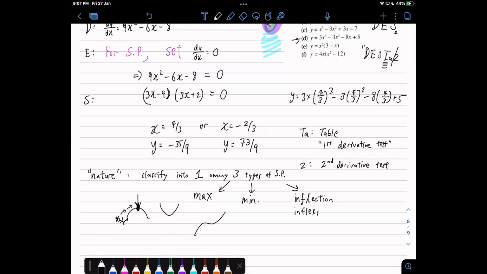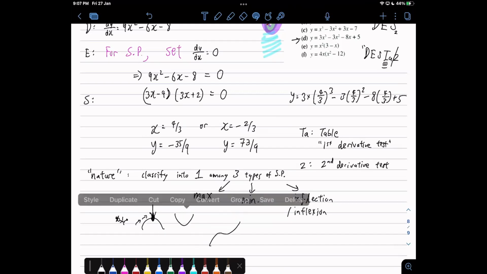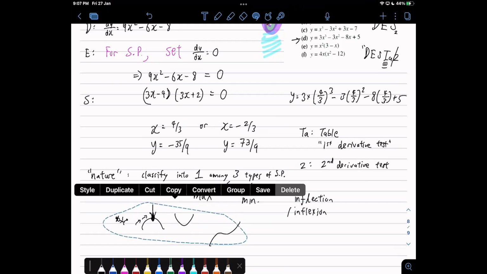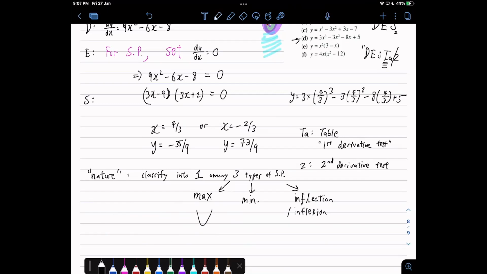I can't remember which one is the American and British English spelling, but one of them. Doesn't matter. Okay, inflection point. I haven't shown you enough examples for inflection point, so that's my fault. But let's just begin. Sorry, upside down. Max, min, and inflection point.